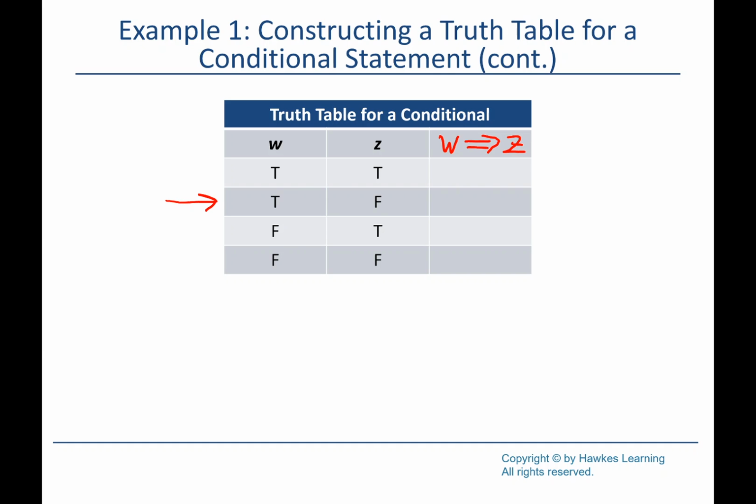Where the first part is true and the second part is false. That means this thing is going to be false. So on that row, I'll put an F for false. And the other ones we don't even have to think about, okay? Because they're going to be true.